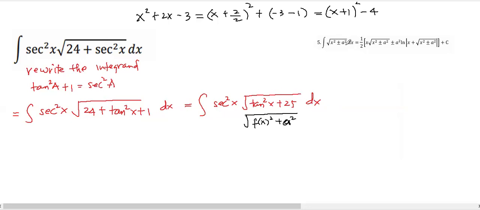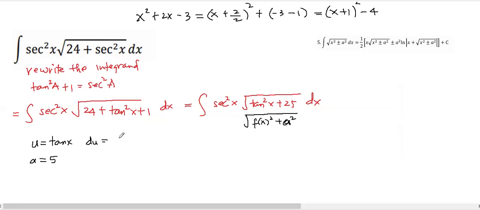So, the same formula pa rin yung tinatry natin, pero different u na. Different f of x na. So, we let u be f of x. So, that would be tangent of x. Ang a natin, square root of the constant, that would be 5. So, we find du.